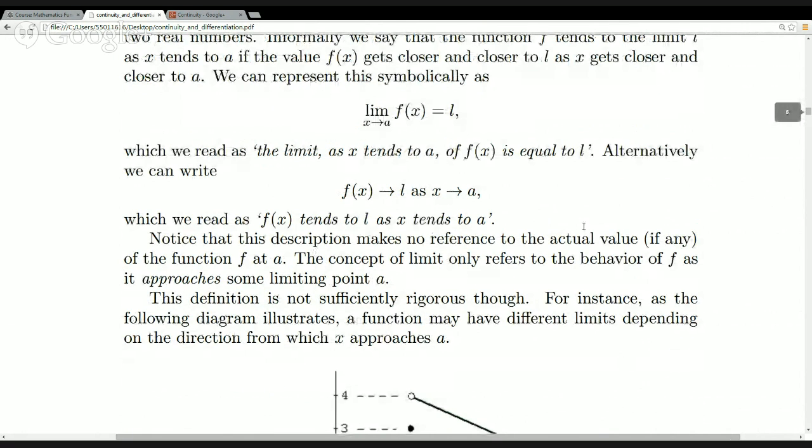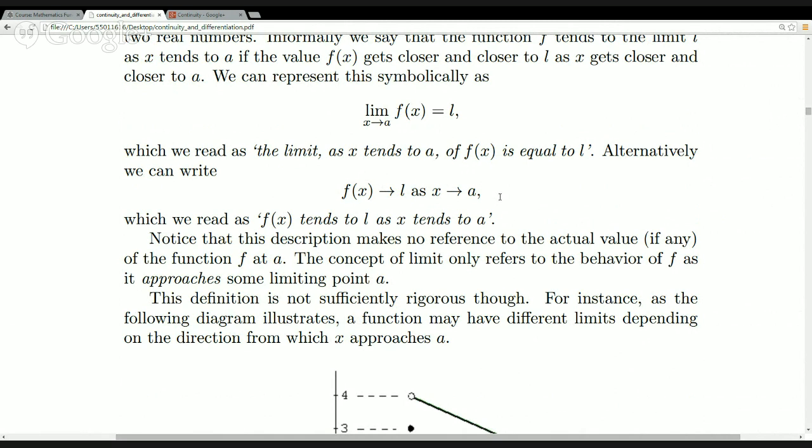Now this description doesn't make any explicit reference to the actual value of the function at a. It just refers to the behavior of the function as x gets closer and closer to a. So it's worth just emphasizing that point.